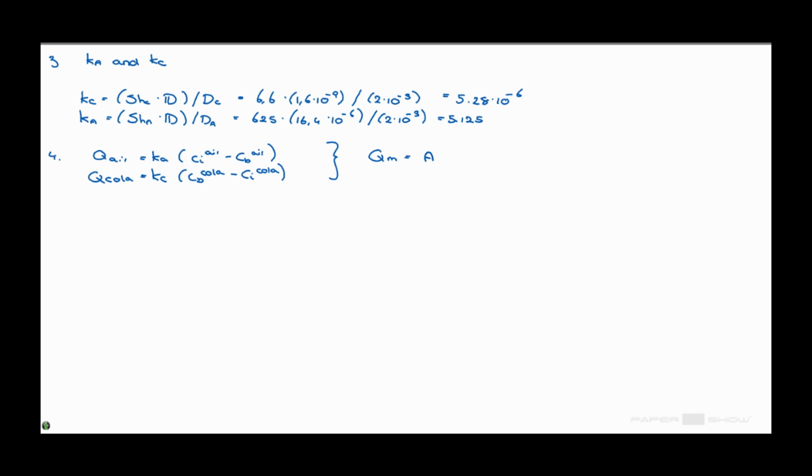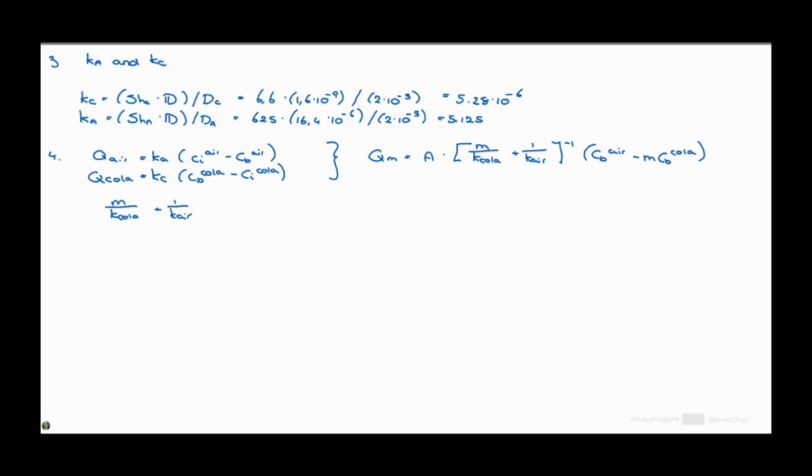This is A times the partition coefficient divided by the resistance of cola plus 1 divided by the resistance of air to the power of minus 1 times Cb of air minus m times Cb of cola, which is the driving force. So for the resistance, we look at the total resistance, and this is m divided by the resistance of cola plus 1 divided over the resistance of air.